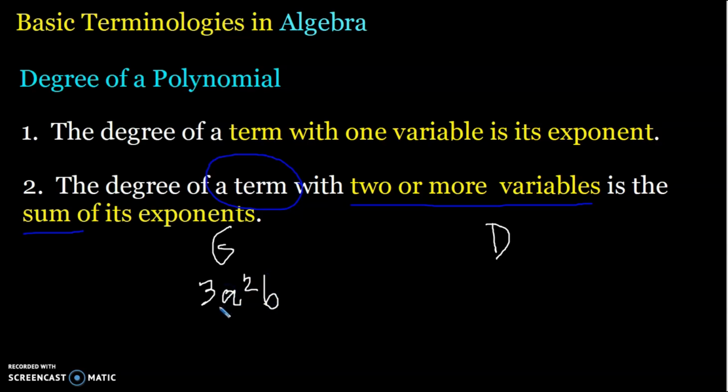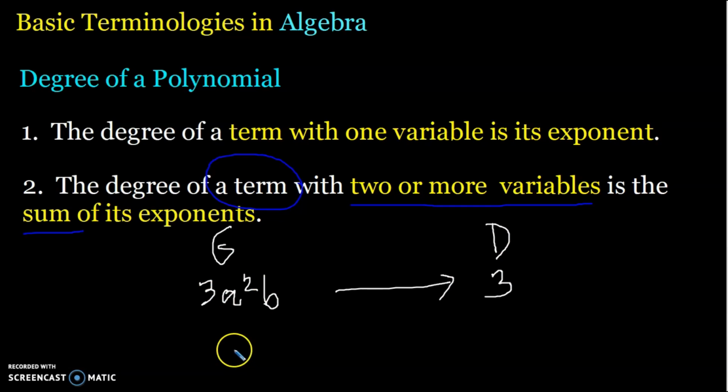The variables are a and b, and per rule number 2, we just add the exponents. The exponent of a is 2, the exponent of b is 1. The degree is the sum of the exponents, which is 3. Therefore, the degree of 3a squared b is 3.